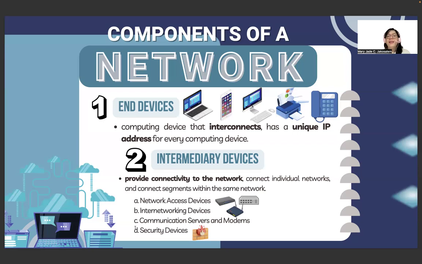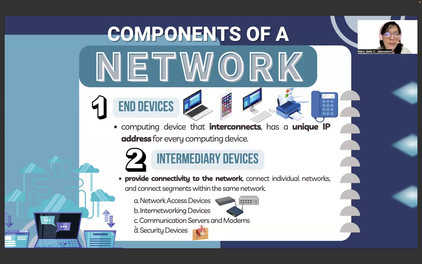Then the last one is the security devices. They're a system that monitors and controls incoming and outgoing network traffic based on predetermined security rules. So basically, they're used to secure your network. They control what is going in and out of your network so that the data packets that go in are safe and don't have any viruses, malware, and so on.